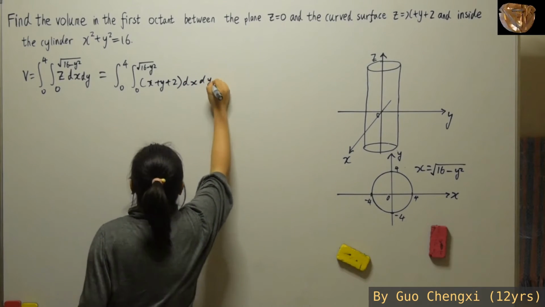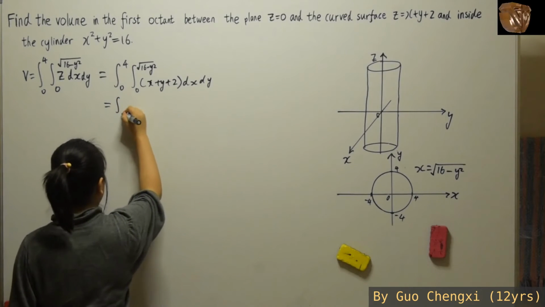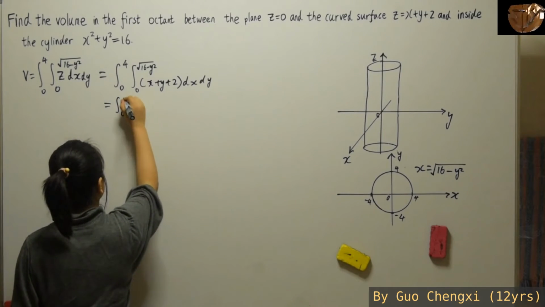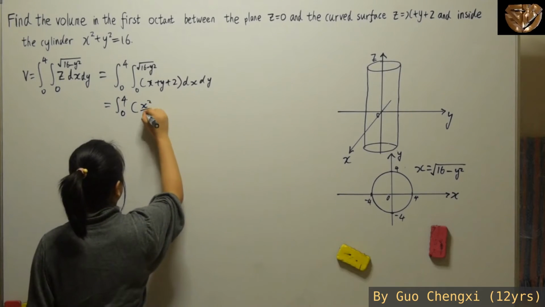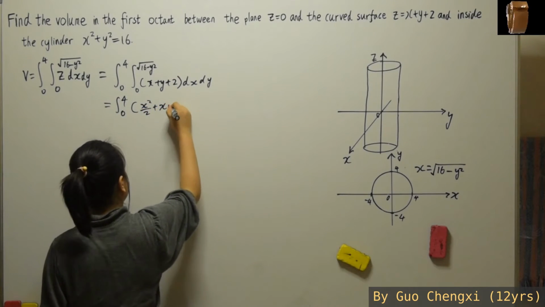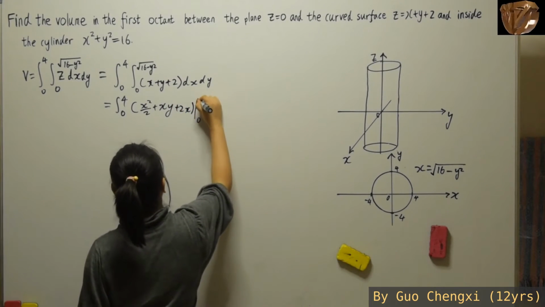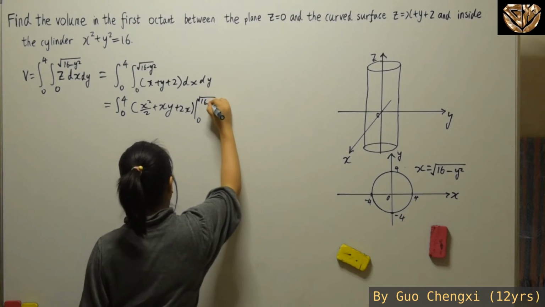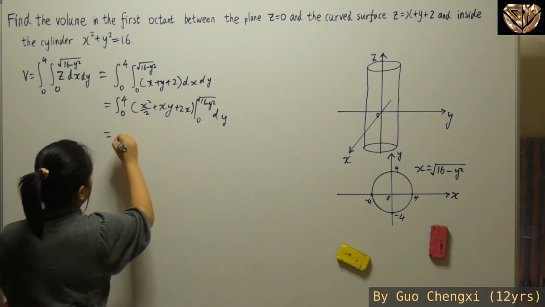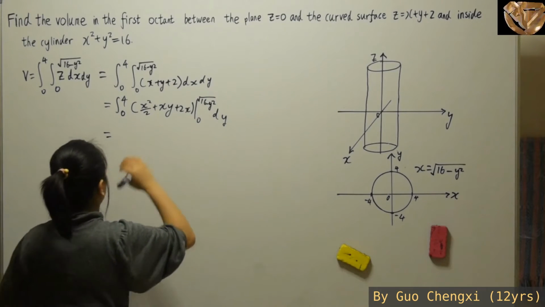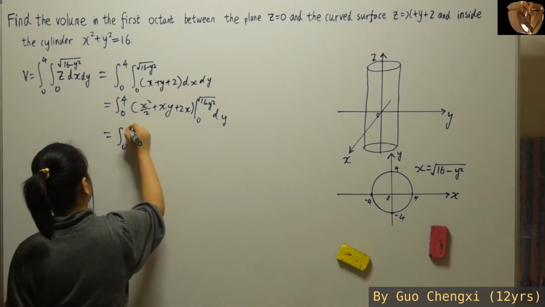And thus we can already integrate for x. So when we integrate for x, what we're going to have is x squared over 2 plus xy plus 2x, and then from 0 to square root 16 minus y squared dy. And if you realize, when you substitute 0 inside for all of these, you're going to end up with 0, so you can ignore it.